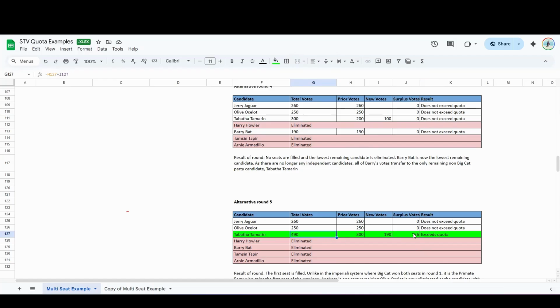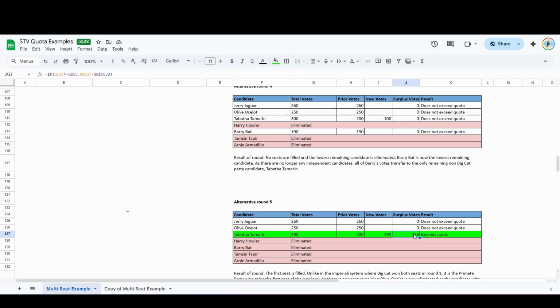Now, Tabitha has a surplus of 156, but we also know that all of the voters so far who transferred into Tabitha's total are anti-Big Cat. So they actually didn't rank Big Cat at all.